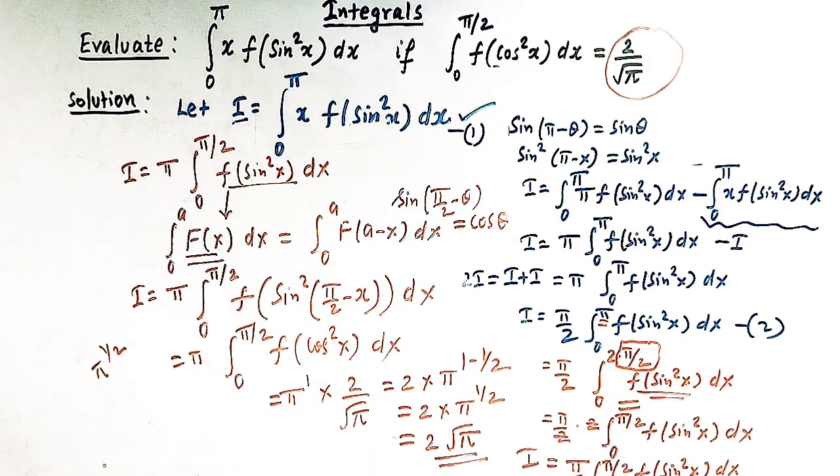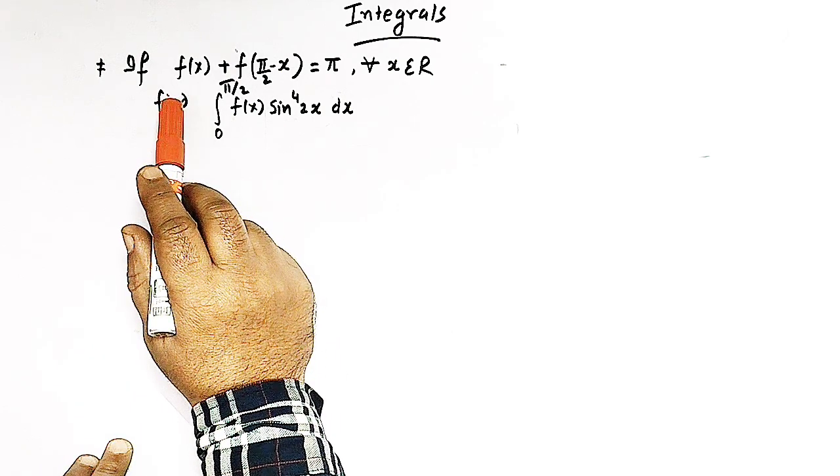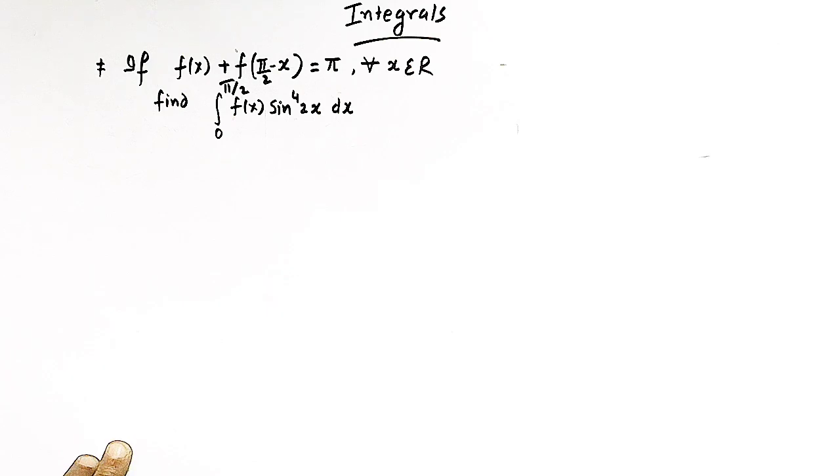Hello viewers, in today's session we are going to discuss an important and conceptual problem from definite integrals, and here we are going to solve this problem with the help of one important property of definite integrals.